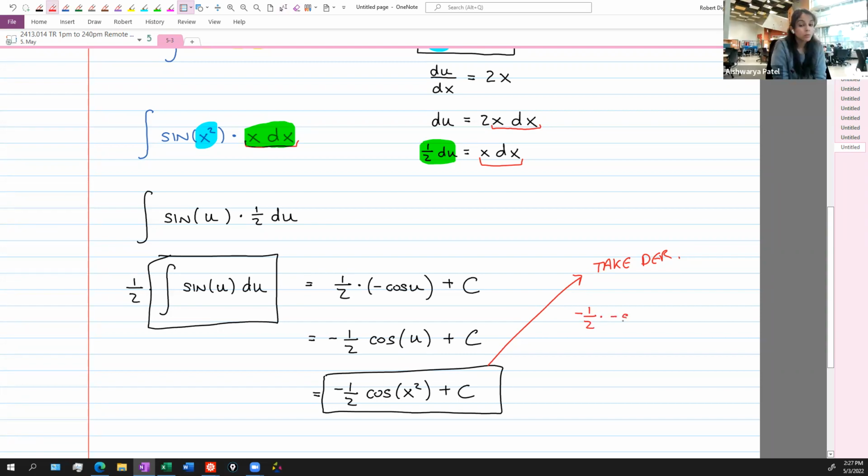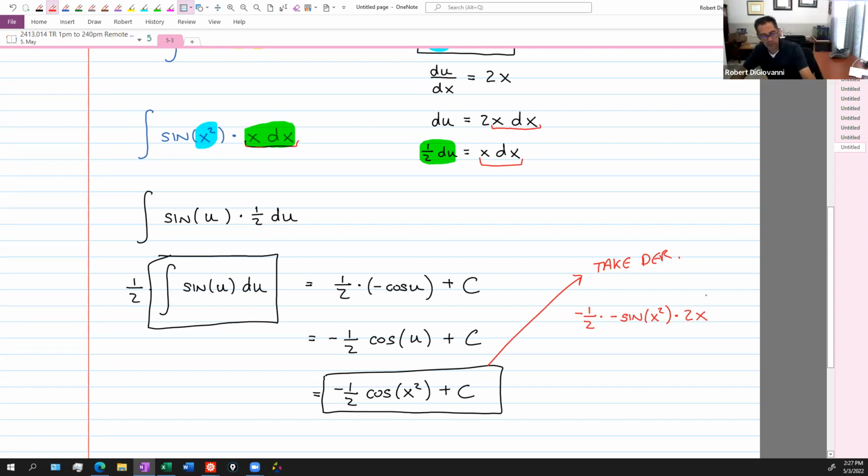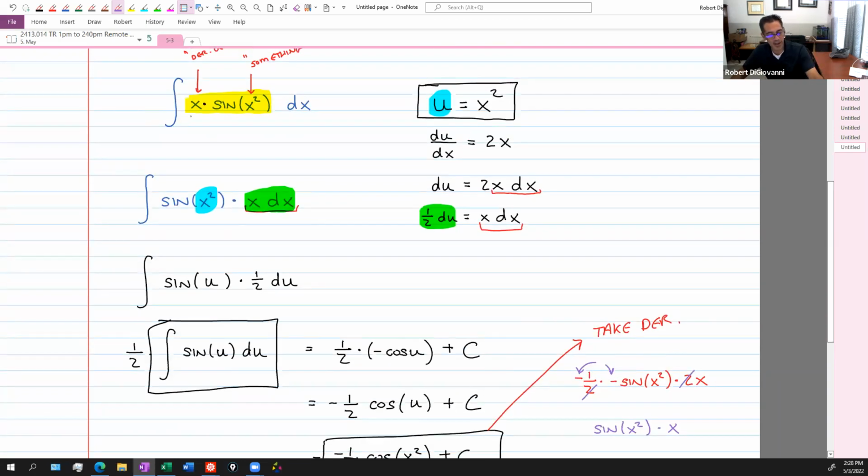Negative sine of that something. Chain rule times the derivative of what's inside, 2x. What happens here? The 2's cancel. Negative and negative become positive. And so all you're left with is sine of x squared times x, which if you move the x to the front, you will get that.